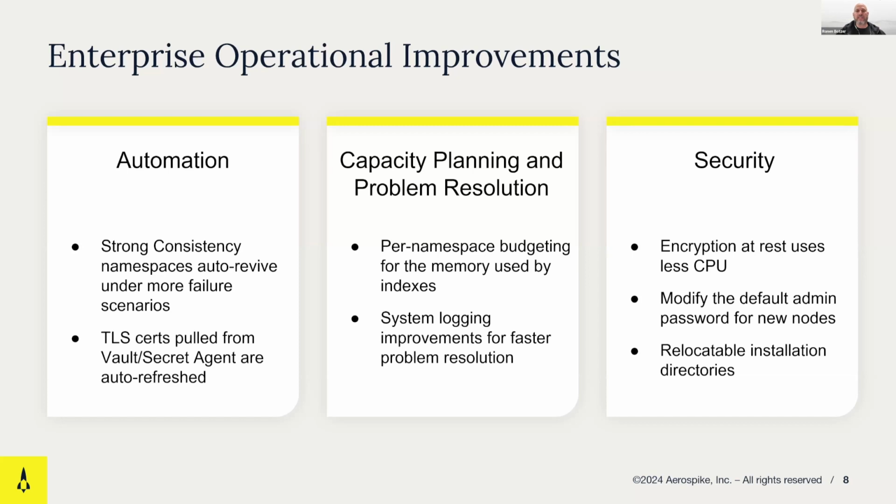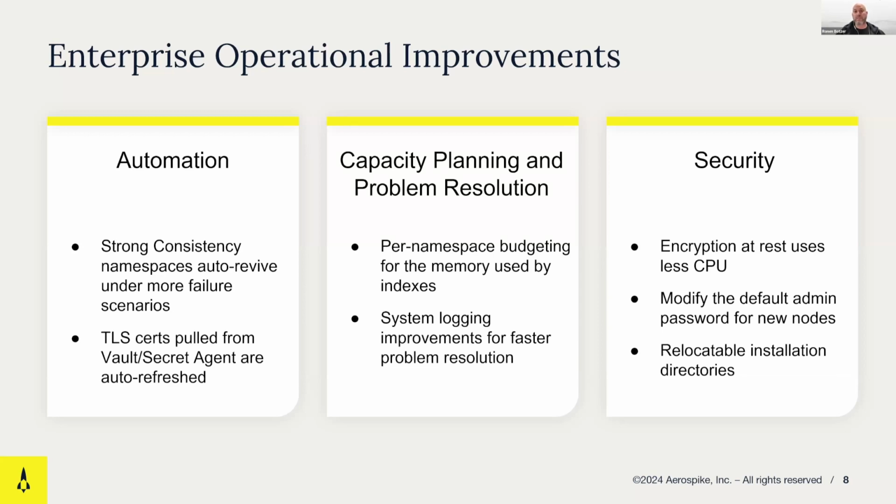On the security side, encryption at rest has been redone, driving down the CPU cost associated with it. If you turn on role-based access control and you have a new node joining the cluster, that node, until it downloads the system metadata, SMD, from the other nodes with information about all the users and the roles, will only have the admin user for a short period of time.